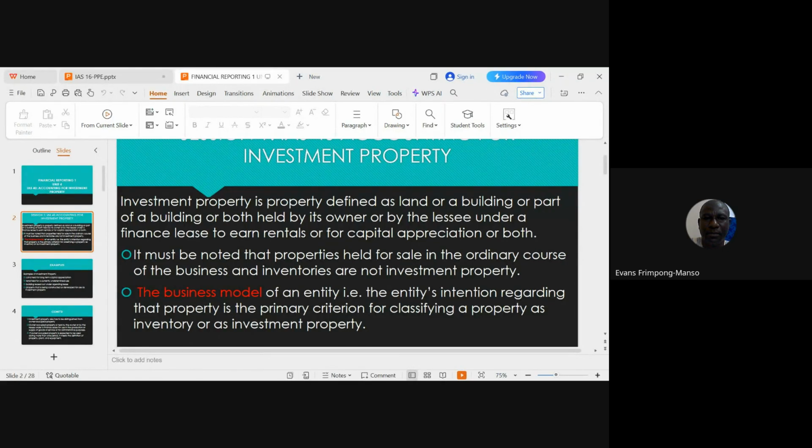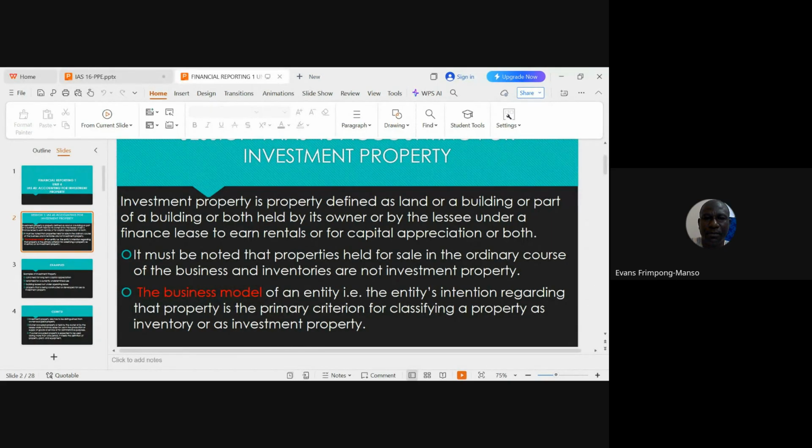It must be noted that properties held for sale in the ordinary course of business and inventories, I mean stocks, are not investment property. Let me explain. Assuming I am an estate developer, I build houses and sell. So when I build the houses and sell, that is inventory, because that is the normal thing I do.